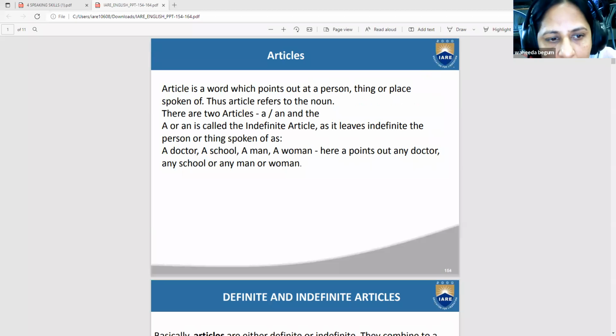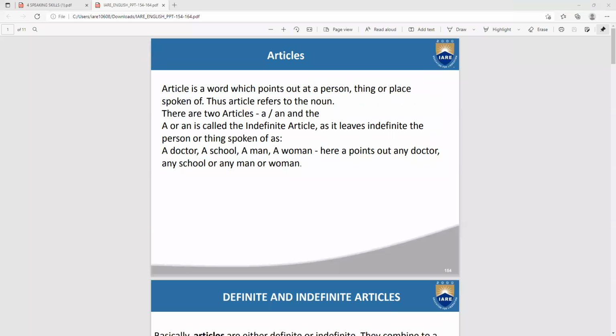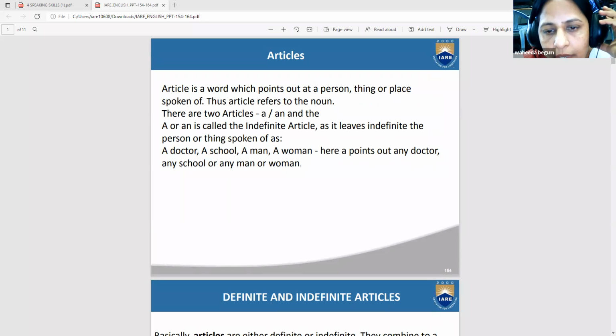A and an are used with the singular number only. That we all know, isn't it? Then the is called the definite article. A and an are indefinite, the is the definite article, as it normally points out some particular person or thing.